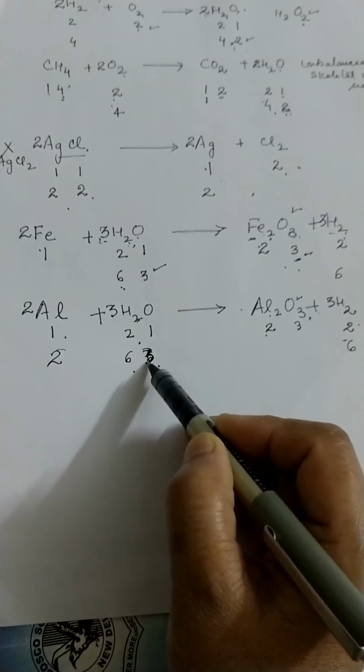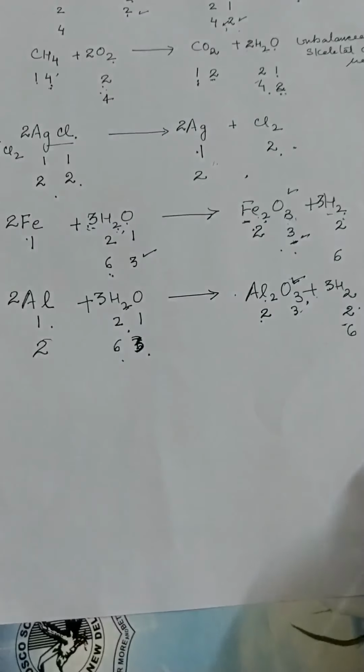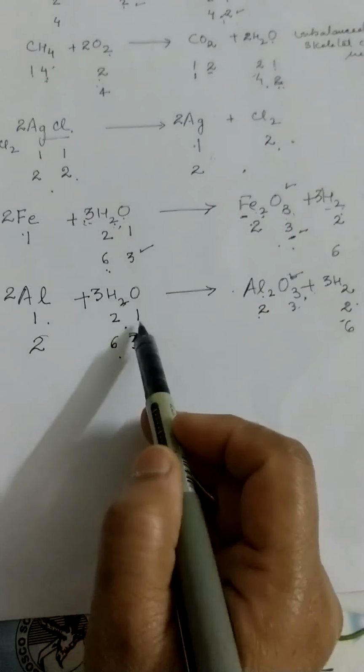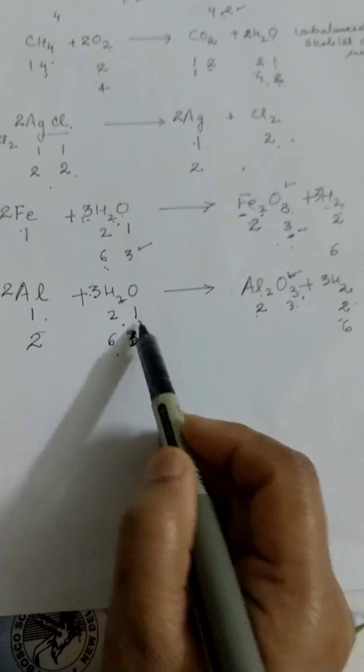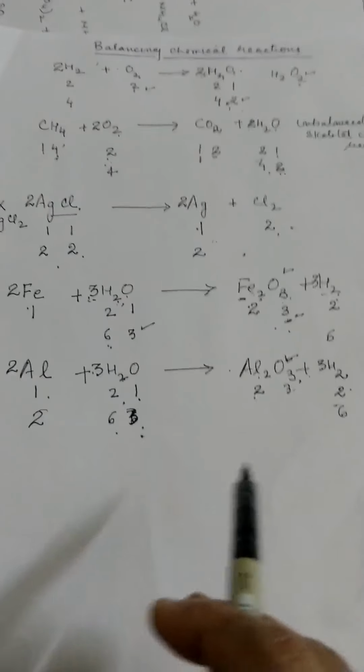Oxygen is 3 this side, and here also oxygen 3. Oxygen 1 atom, 3 into 1, 3. So this is how we can balance a chemical reaction.